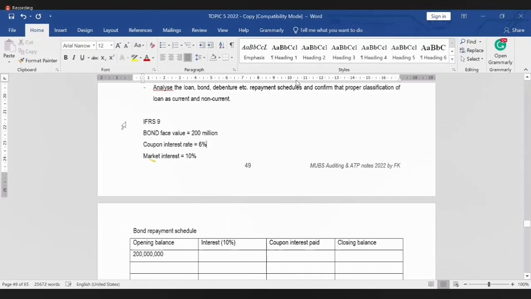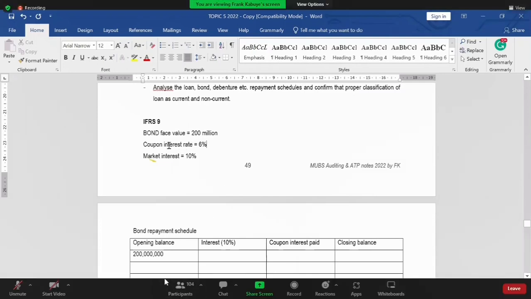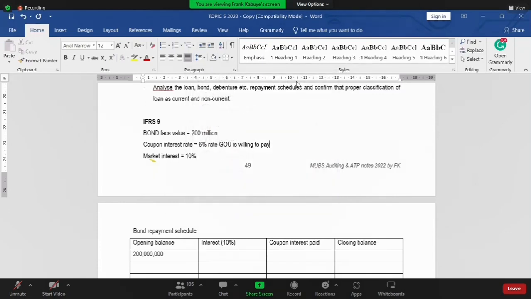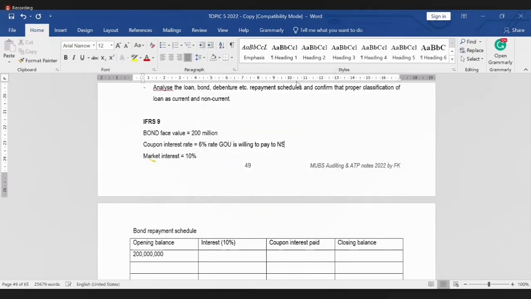Now this means that when bonds are being issued, they have two rates. For example, the government is issuing a bond to NSSF to get money. Government will go to NSSF and say 100 million. Now, the government of Uganda is willing to pay 6% to NSSF for the borrowing.